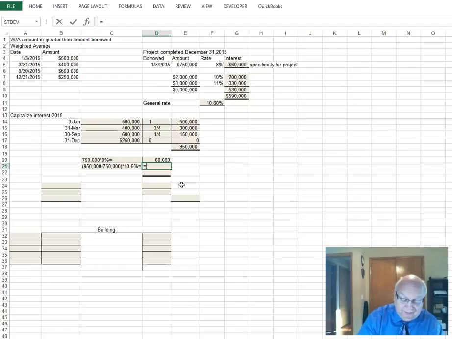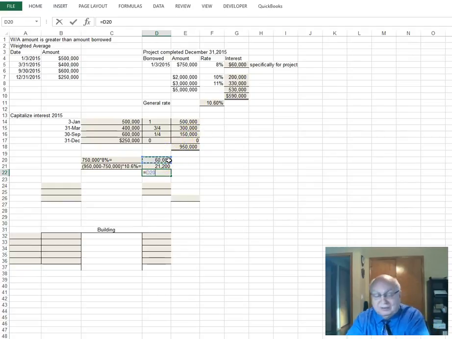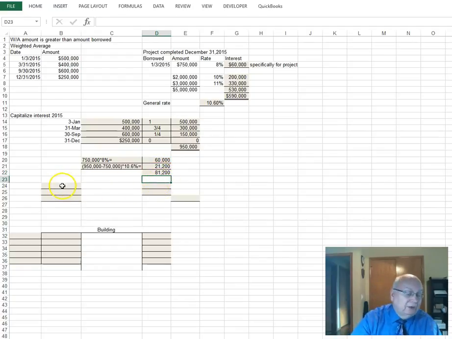So we'll have equal, I'll do the same thing here, 950 minus the 750 we already have capitalized, times our general rate of 10.6. And that gives us $21,200, or a total to capitalize of the 60,000 plus the 21,200, or 81,200. And again, our journal entry is interest expense, and that's for the 590 minus the 81,200.